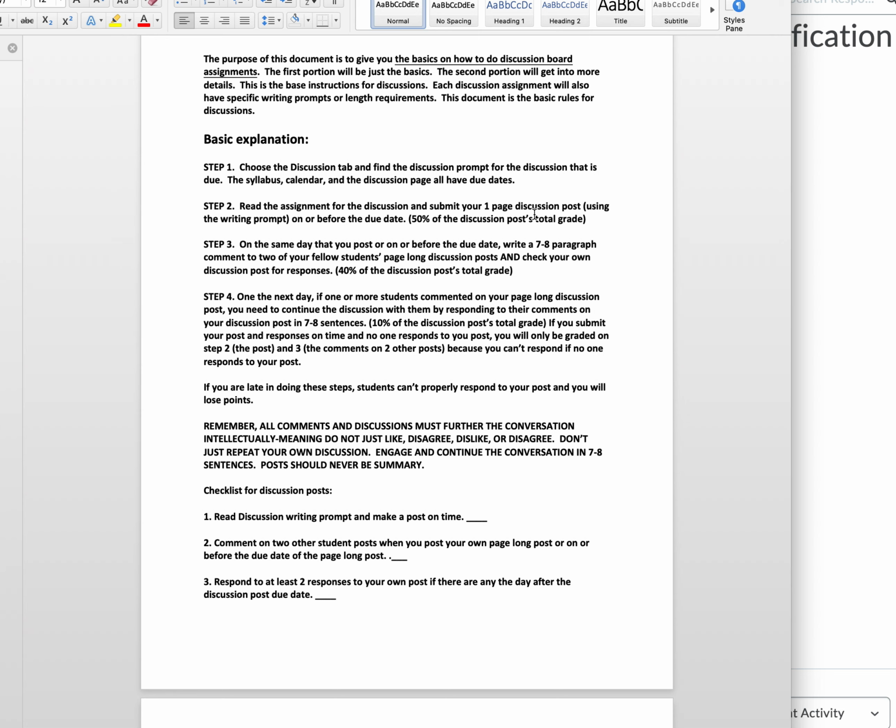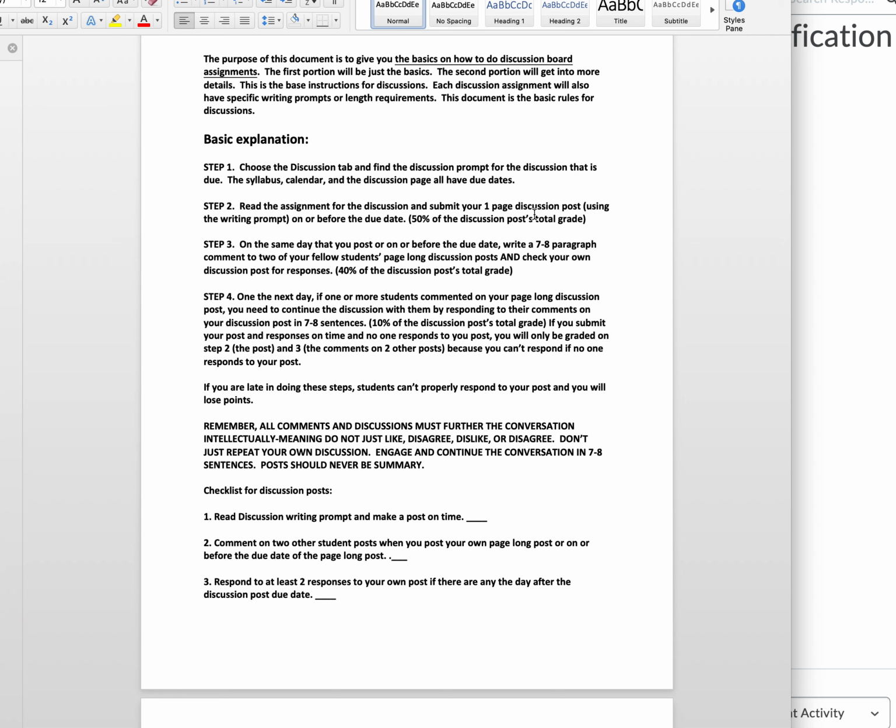If no one posts on your thread, then you can't respond to them, so I'll just grade steps 2 and 3. If there's only one person, you can only respond to one person. That will be the 10% of the grade. But if you have people respond to your post on time, at least 2 responses, then you need at least 2 comments back to those responses. You can't respond to people if they're a week late, so I don't count it.